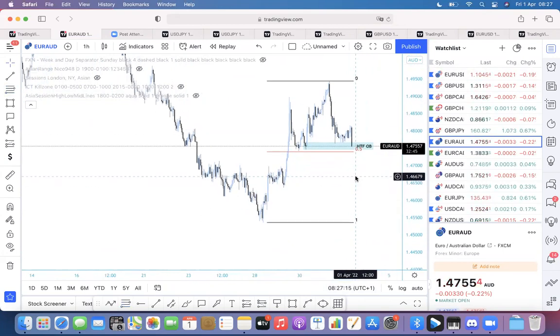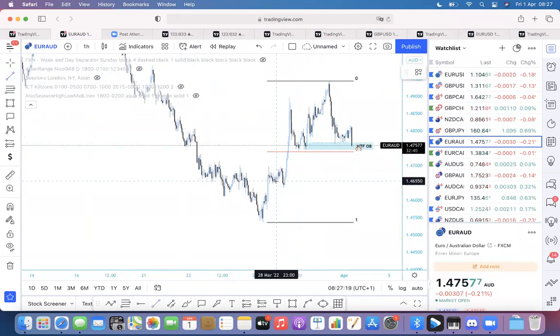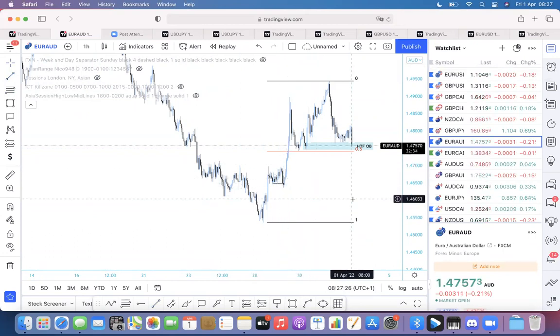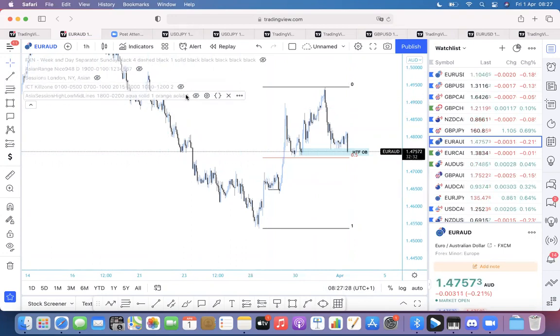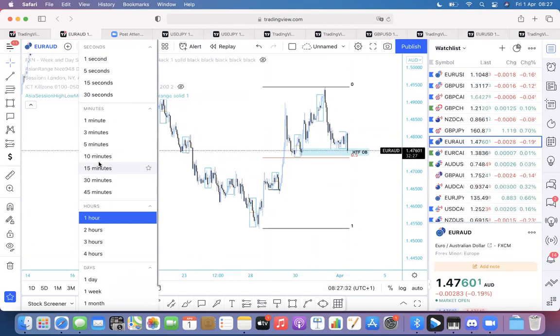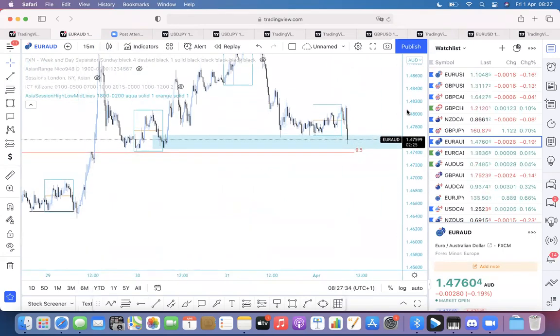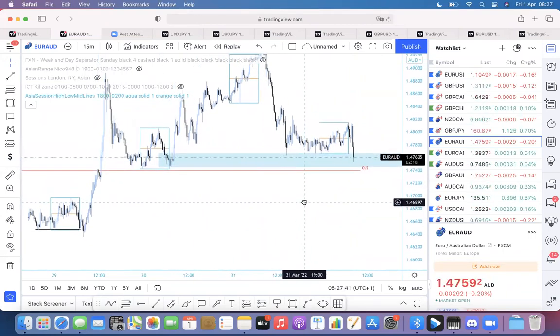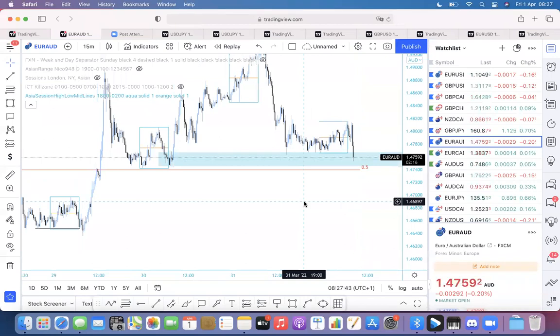So we're not at a discounted price. This order block will be way better. Also an order block that manipulates and breaks to the upside. So this order block right here. If we have to look for a possible intraday trade, we actually do have Asian range. Asian range is taken out right now, and this could be a good entry from here. We just need to keep in mind that we're not at a premium price, and that could be a problem actually.